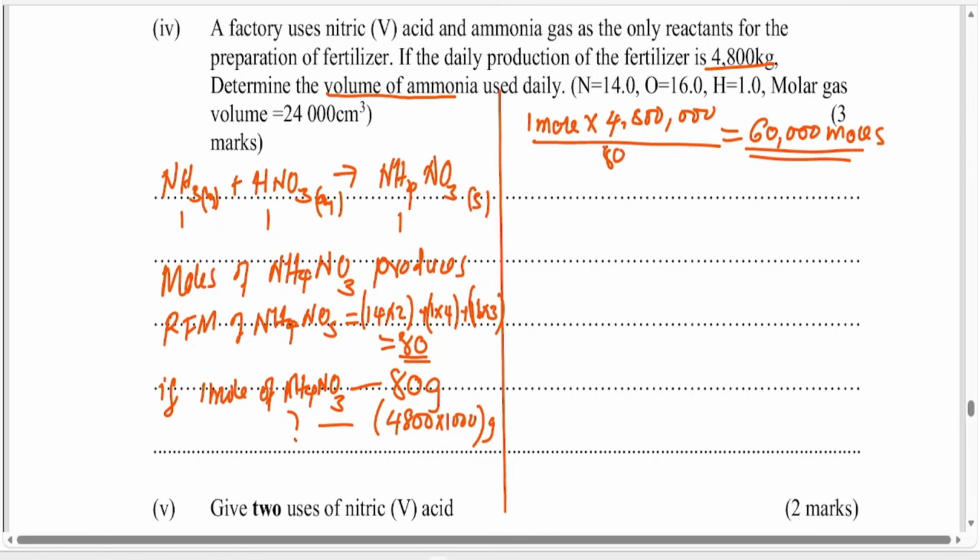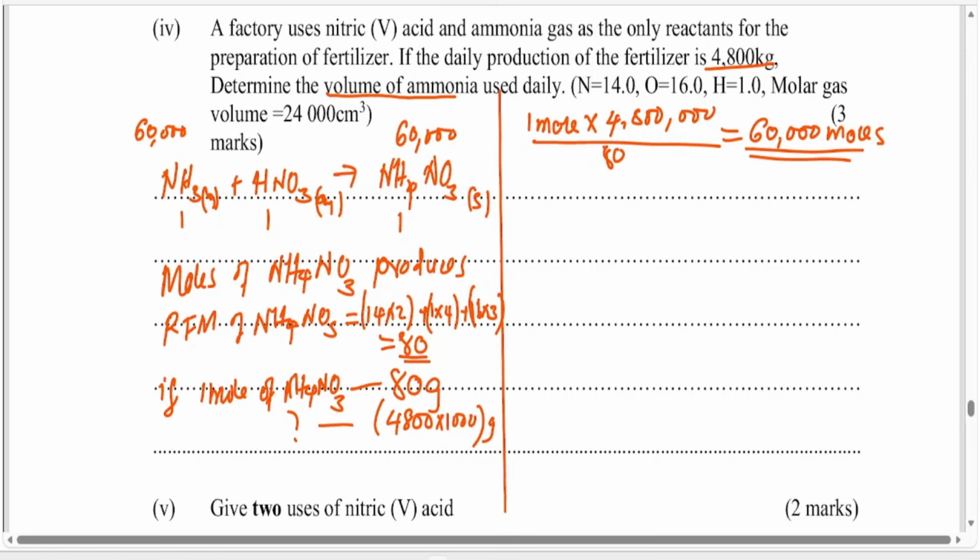Ammonia plus nitric 5 acid, I obtain ammonium nitrate. The mole ratio is 1 is to 1 is to 1. And this means that if I produce 60,000 moles of ammonium nitrate, then for ammonia, it will still be the same number of moles, 60,000 moles.